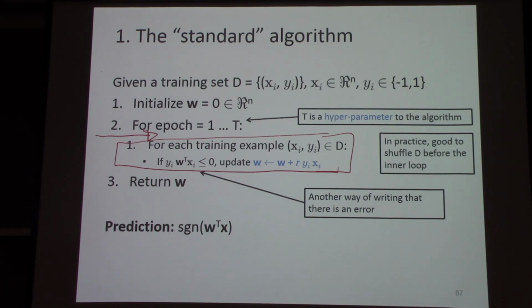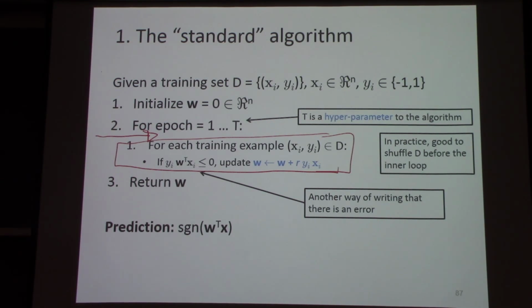Why do we need to shuffle the data? One way of thinking about that is, remember the incremental or stochastic algorithm that we saw for the least mean square? You pick an example, compute a gradient and go on.